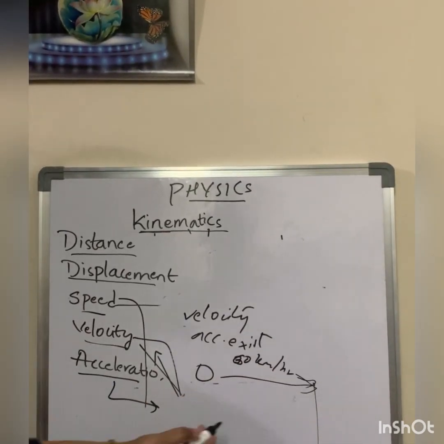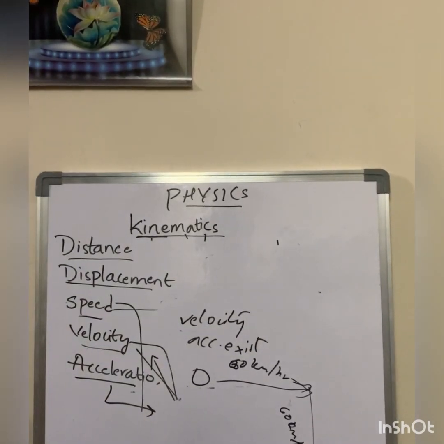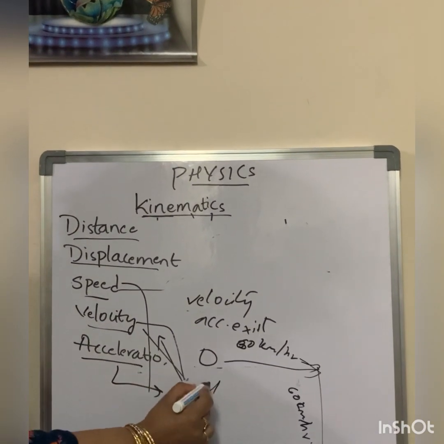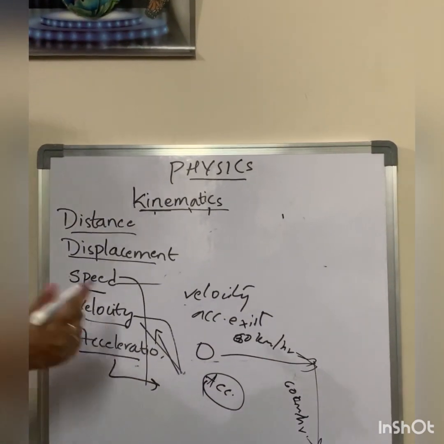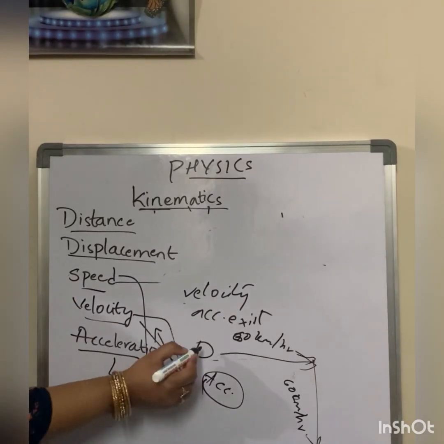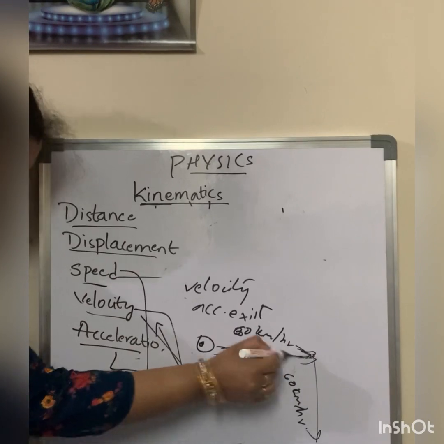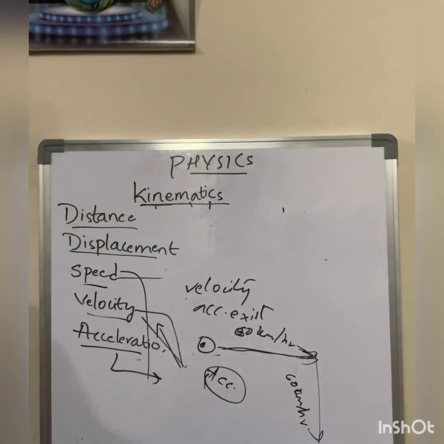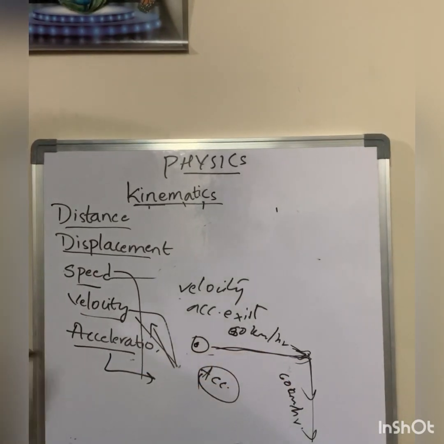Here the direction is changed, but the speed is the same 60 km per hour. Does acceleration exist here or not? Here the acceleration exists because a person is traveling in a car which is moving in this direction, and next the direction has changed. While you are changing the direction, your body just moves.